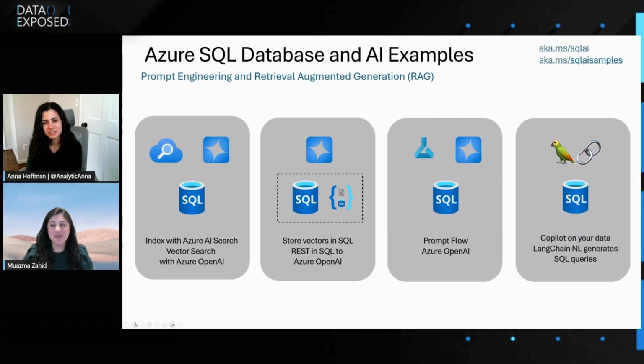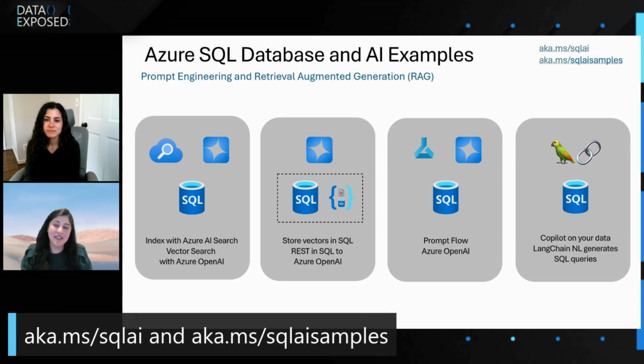Yeah, so when it comes to Azure SQL Database and AI, we have these options that are available for you today. So you can go to aka.ms/sqlai, or aka.ms/sqlaisamples. You can actually go ahead and use the SQL data currently stored in your SQL databases on Azure AI Search and run with Azure OpenAI.